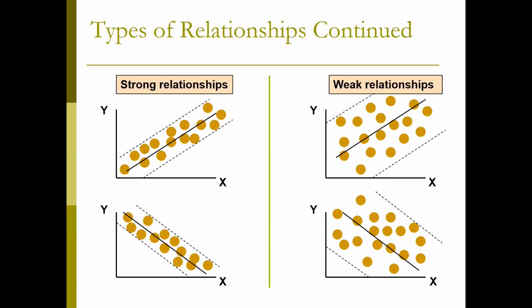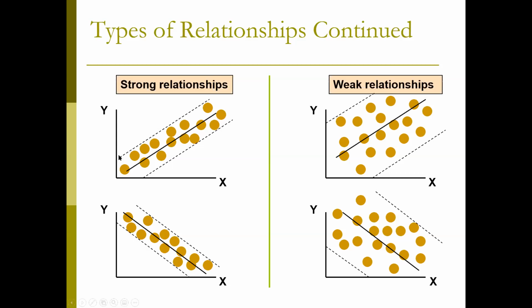I don't expect all the points to be on that line. If all the points are on that line, then I'm talking about a perfect relationship. There is no perfect relationship anywhere in the world. If a relationship exists between two variables, it's not going to be perfect, and that is the reason why we're going to have some points that are scattered away. And that's why you see all these points here scattered away.